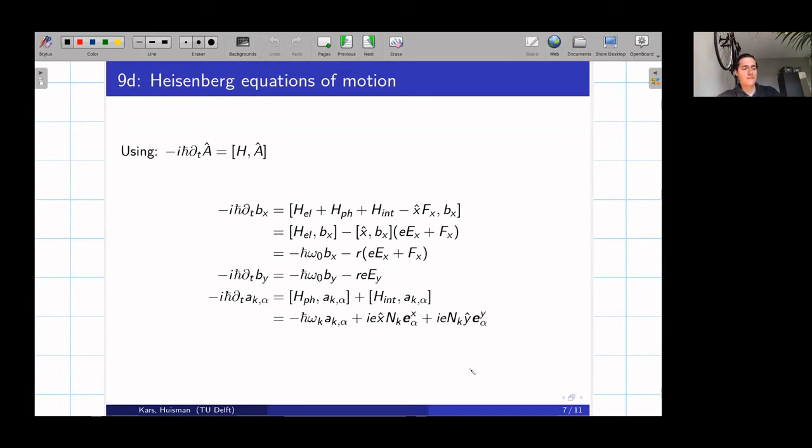In 9D, we're asked to calculate the Heisenberg equations of motion for all the caps in the Hamiltonian.